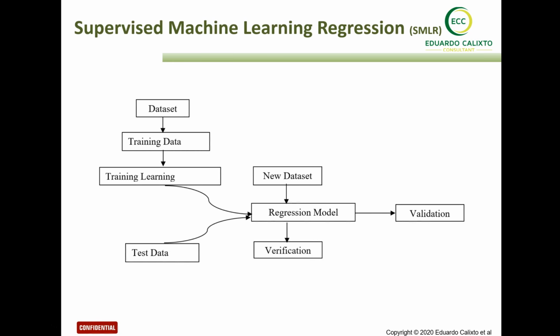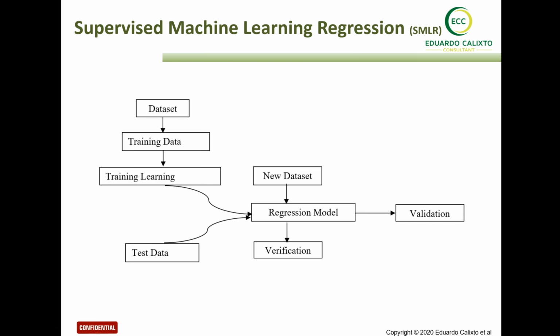For the regression model, we use a data set with predefined values concerning the dependent variable and independent variables. For example, if you have corrosion thickness measurements and we want to predict the failure when the corrosion reaches the thickness limit, we have this data set of all the information.